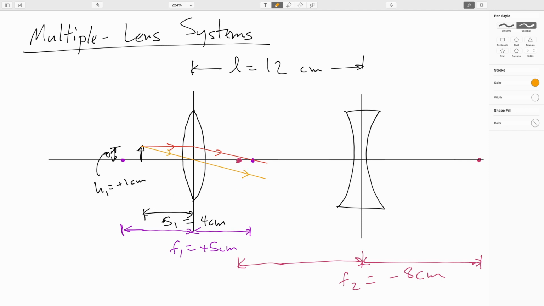This is because S1 is less than F1, and it's a converging lens, so that makes this case 3. So I already know that the image that the first lens makes, what we will call the intermediate image, will be virtual, upright, and magnified. So I don't really need to extend these rays any further than I have to, because all I need to do is locate the image, which I know will be to the left.